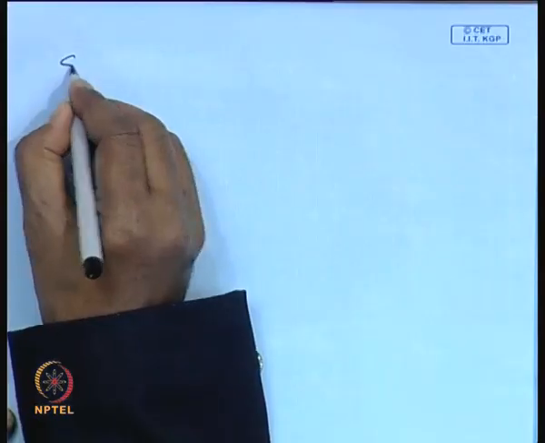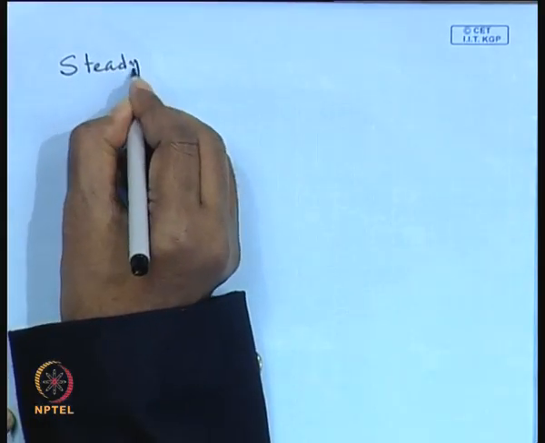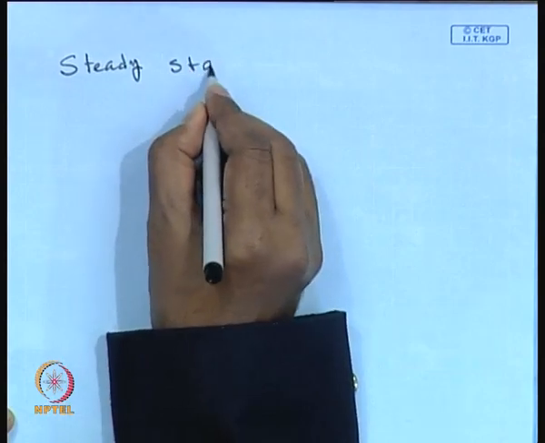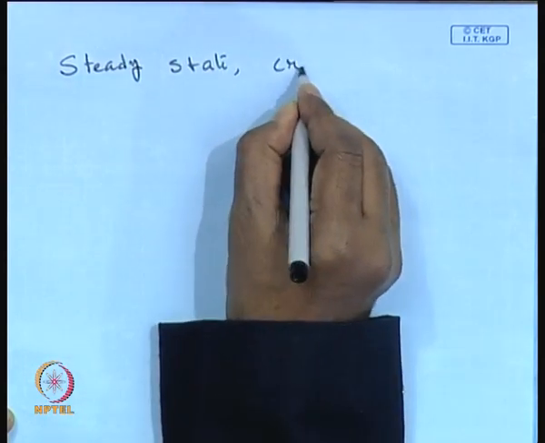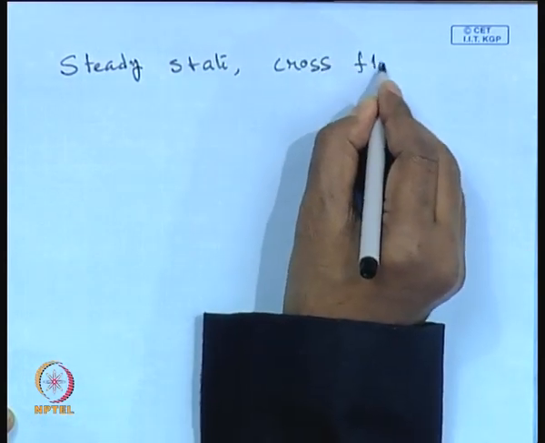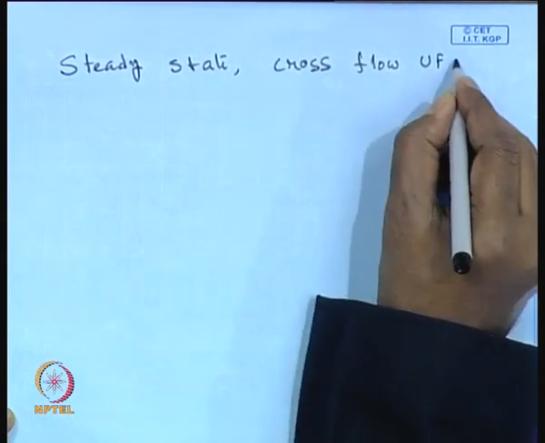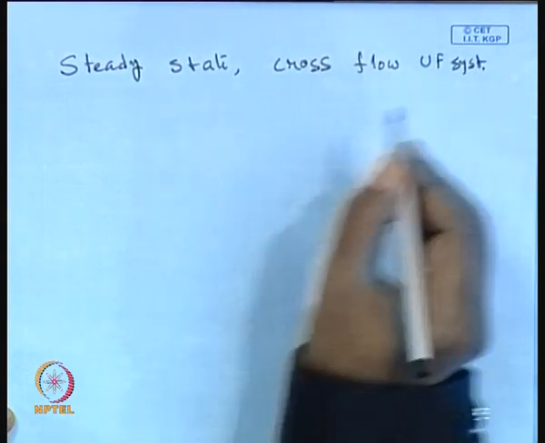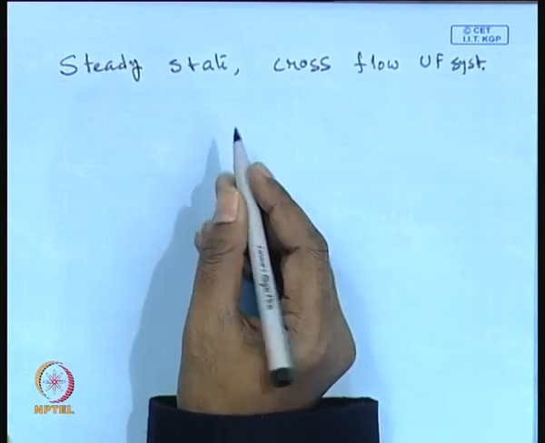We are talking about a steady state cross flow ultrafiltration system in a rectangular cell.